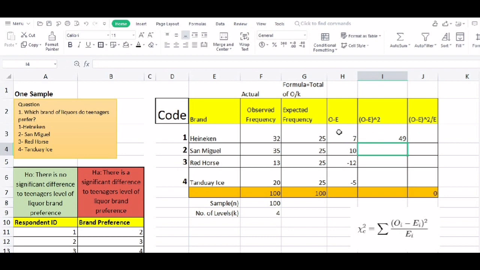So 7 times 7 equals 49. 10 times 10 equals 100. And we have negative 12 times negative 12, 144. And negative 5 times negative 5 is 25.